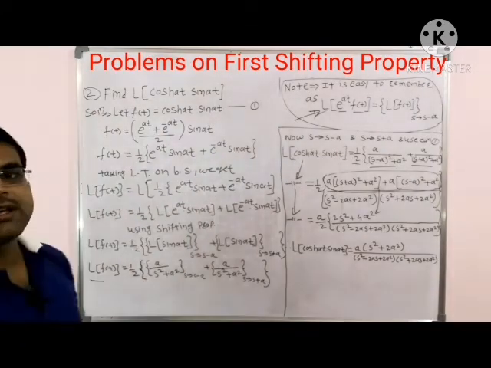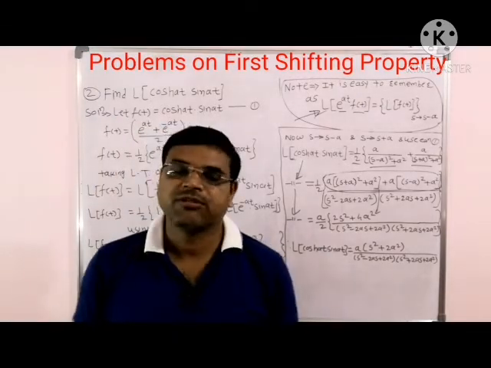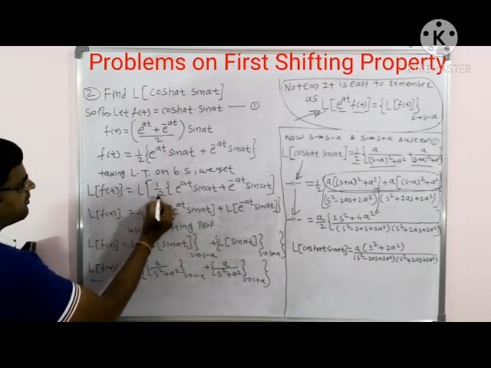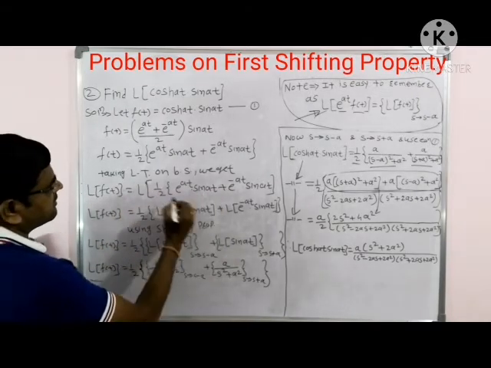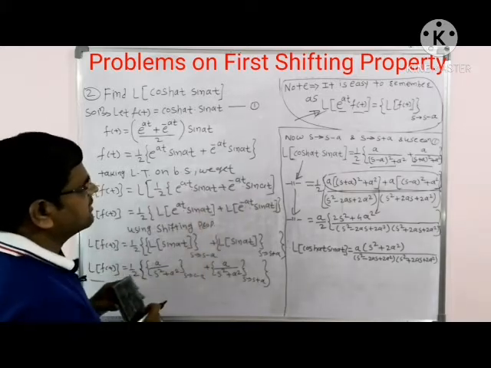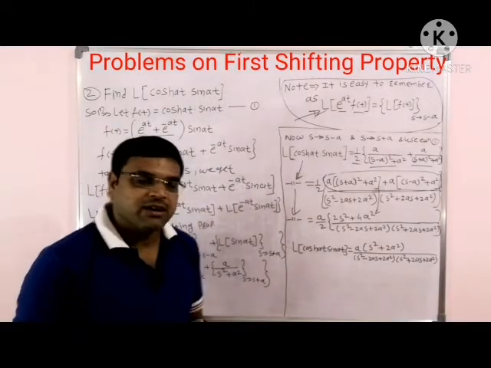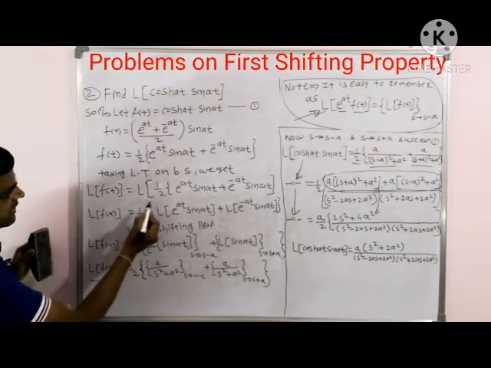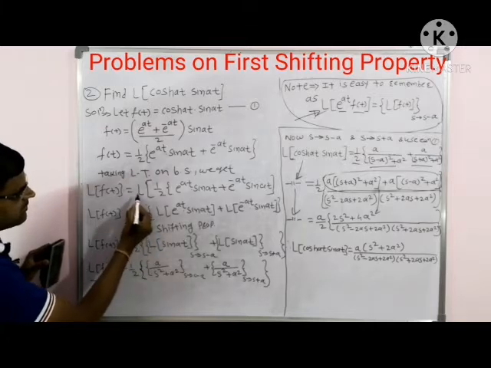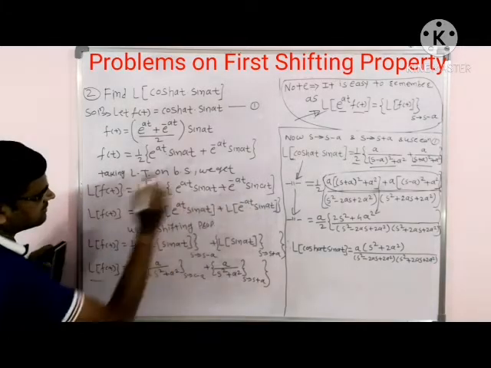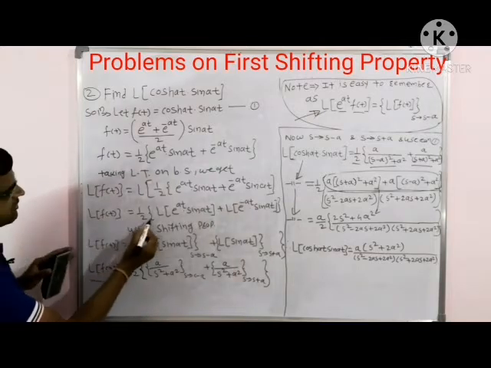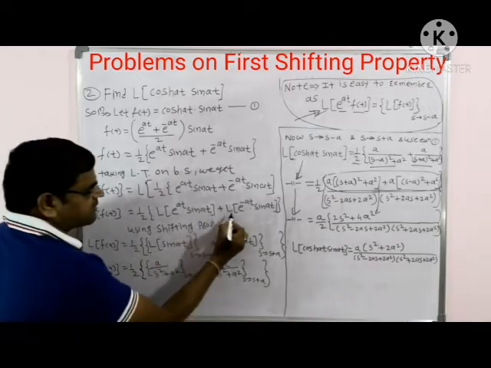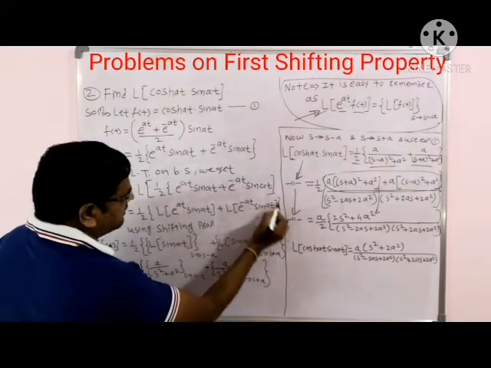Now taking the Laplace transform on both sides, we get L of f of t equals the Laplace transform of 1 upon 2 (e raised to power at sin at plus e raised to power minus at into sin at). To simplify this, we will use the linear property. So taking 1 by 2 as common term, L of f of t equals 1 by 2 [Laplace transform of e raised to power at sin at plus Laplace transform of e raised to power minus at into sin at].